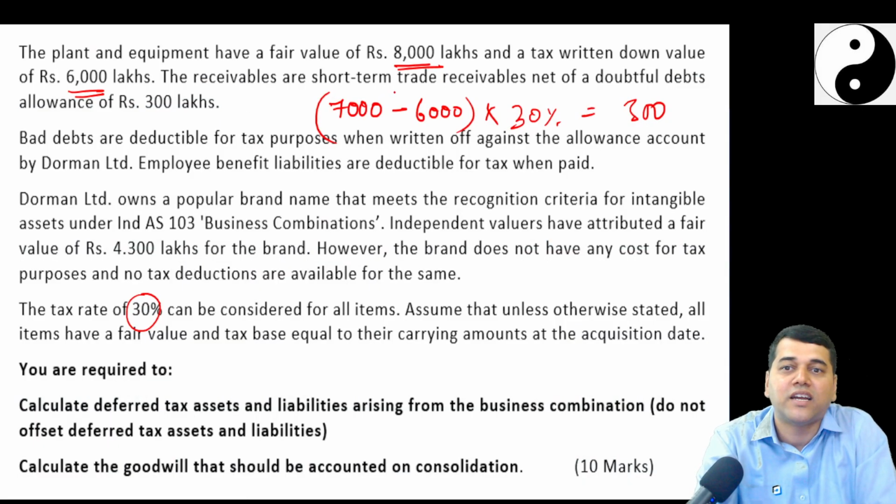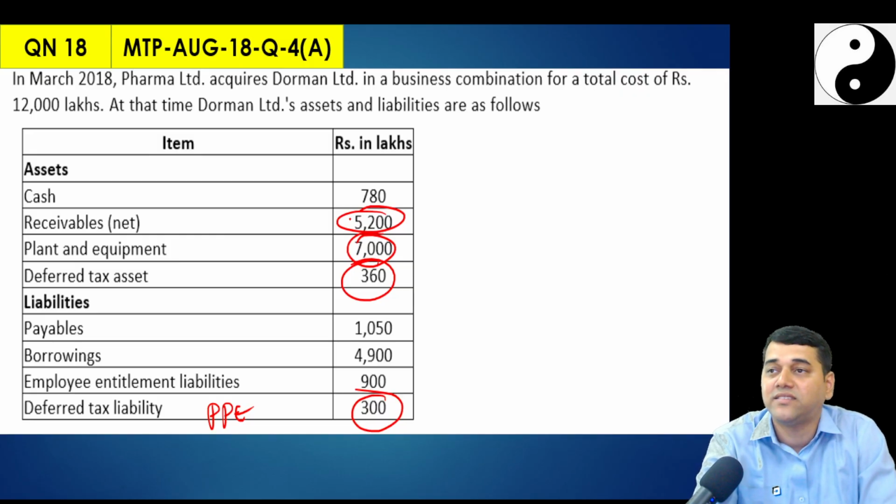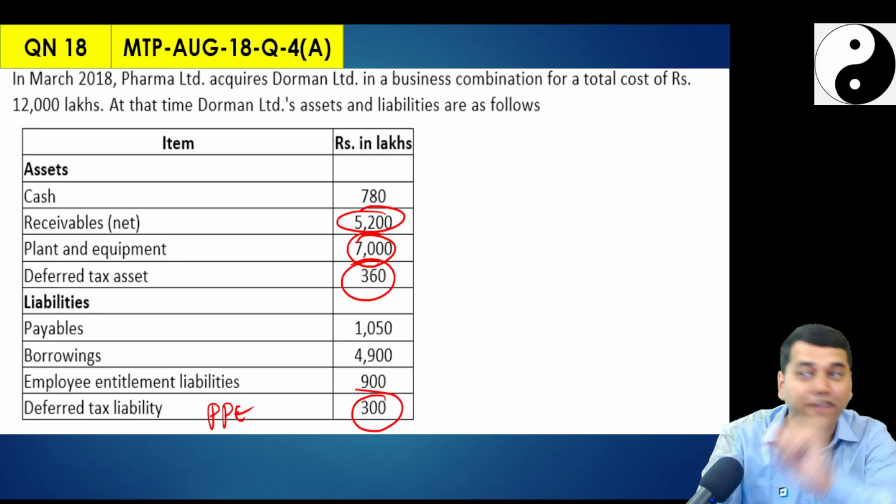Trade receivables are short-term trade receivables, net of doubtful debt allowance of 300 lakhs. What is this? Short-term trade receivables, net of doubtful debts allowance, that means the debtors you see here are 5,200. How much is as per tax? 5,500.